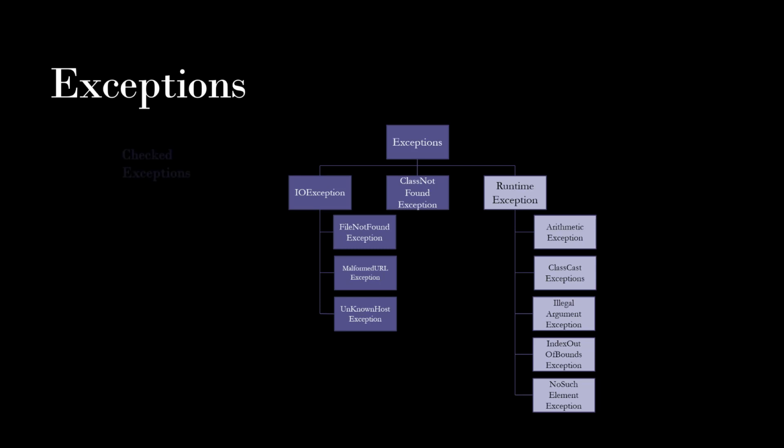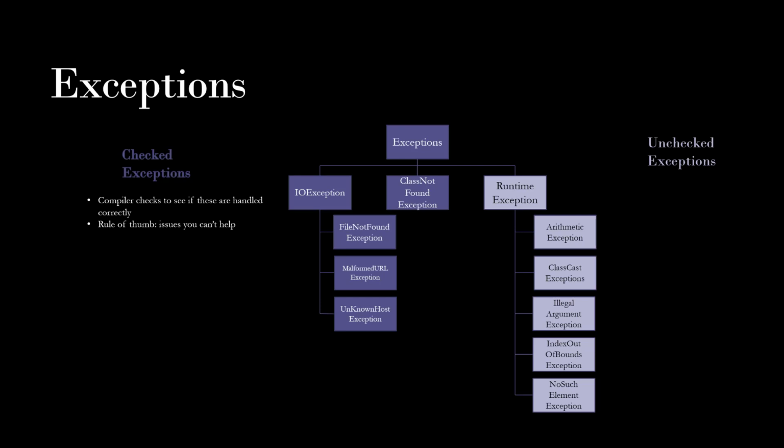They come in two different flavors: the checked exceptions and the unchecked exceptions. The checked exceptions are things that the compiler checks to see if they're handled correctly, if there is a handling of them. The basic rule of thumb is that you can't help these. Notice the FileNotFoundException, or MalformedURLException.